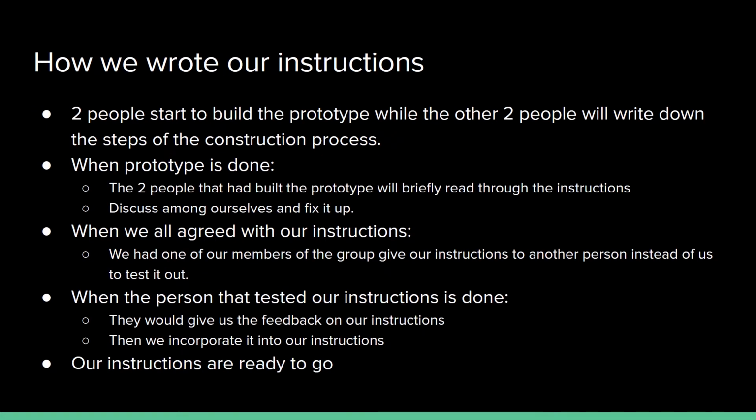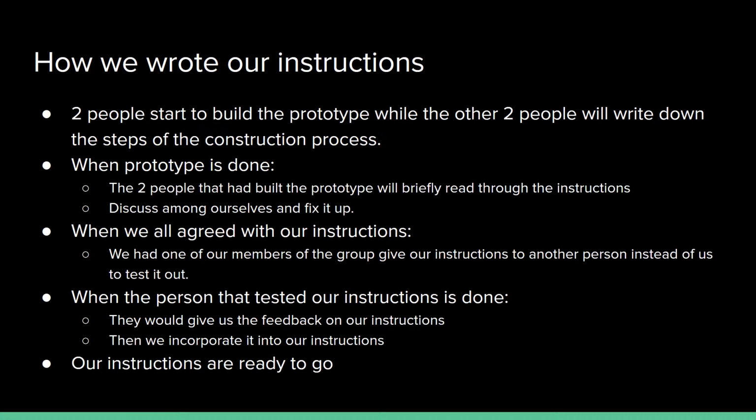How we wrote our instructions was we had 2 people build the prototype while the other 2 people wrote down the steps of the construction process. When we were done with the prototype, the people that were building the prototype would briefly read through the instructions, and we would discuss among ourselves to fix up the instructions.